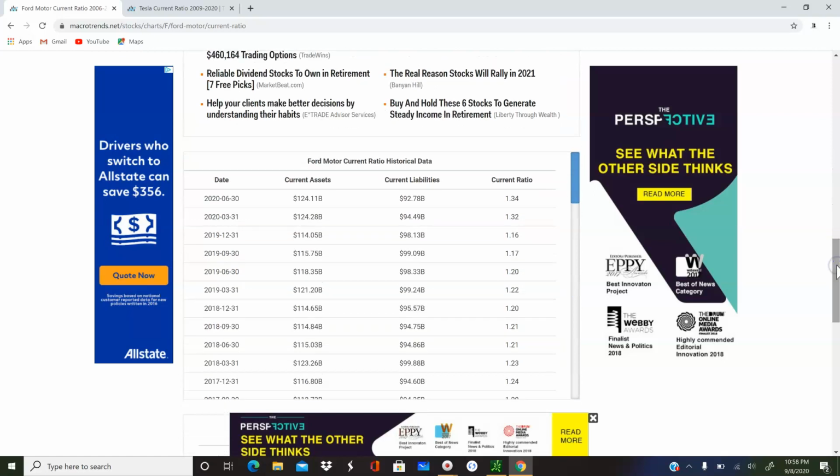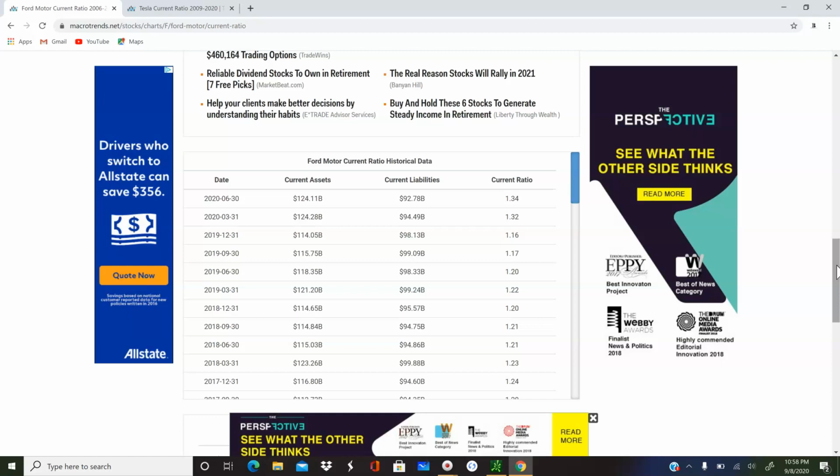All right, everything's great, or is it? One thing that people don't realize is that the current ratio also includes inventory.